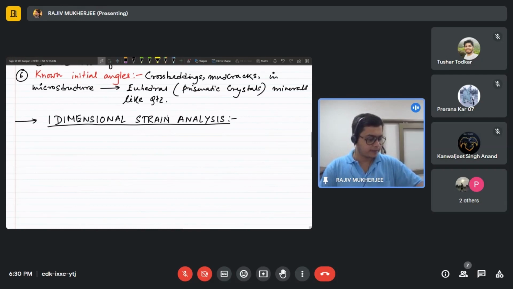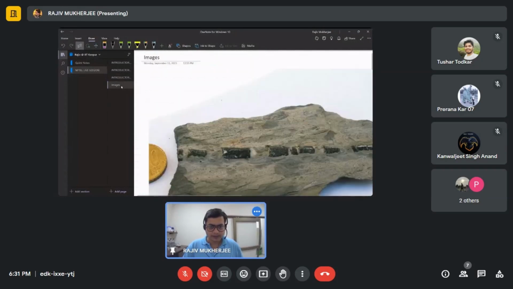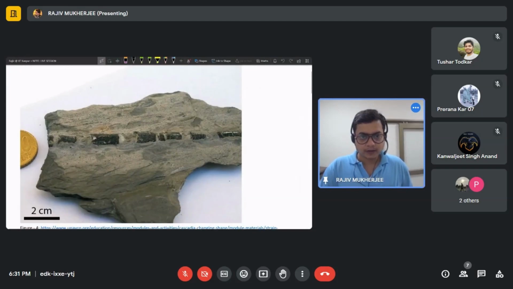So let me quickly show you a picture. See this image. This image is a fossil, known as belemnite fossil. So this is a deformed belemnite.